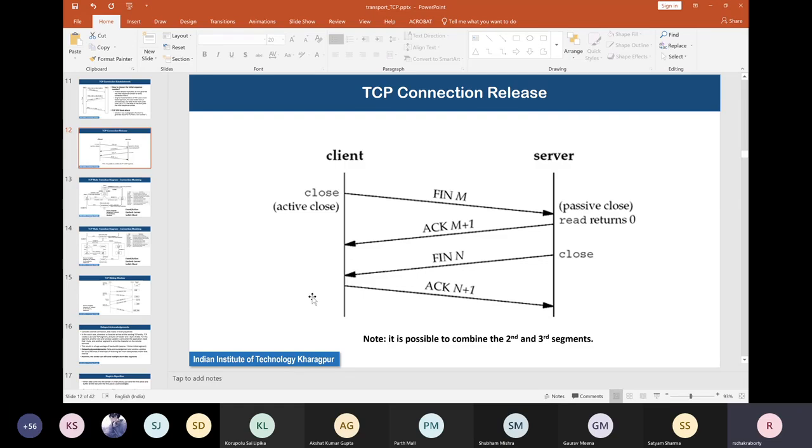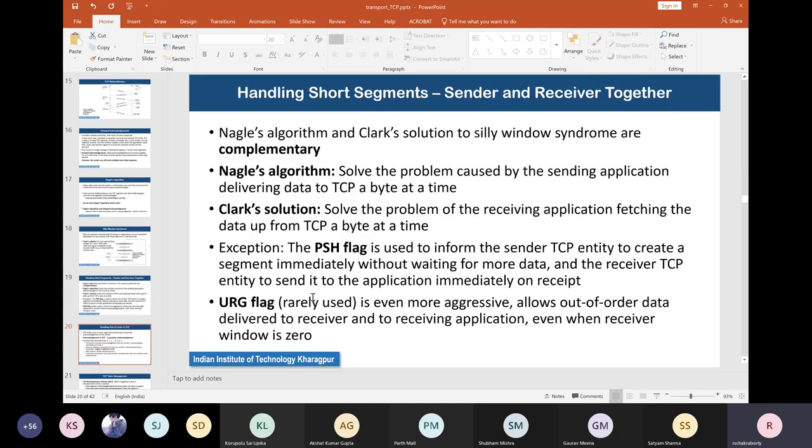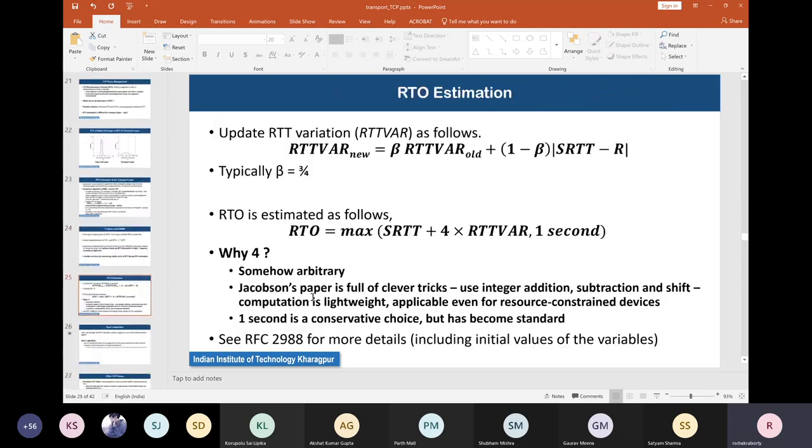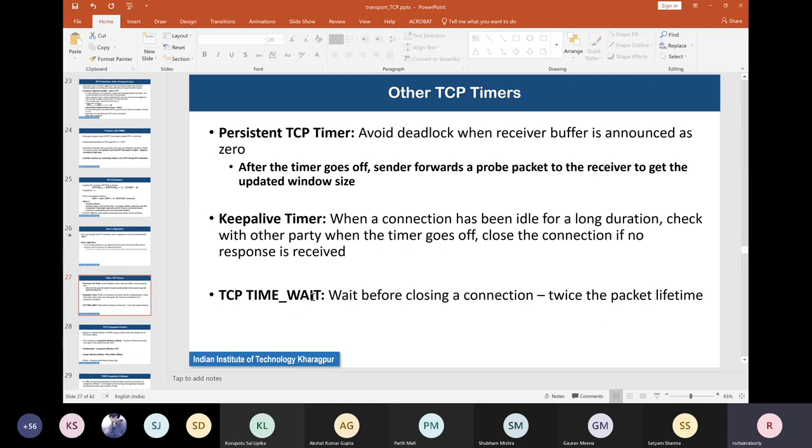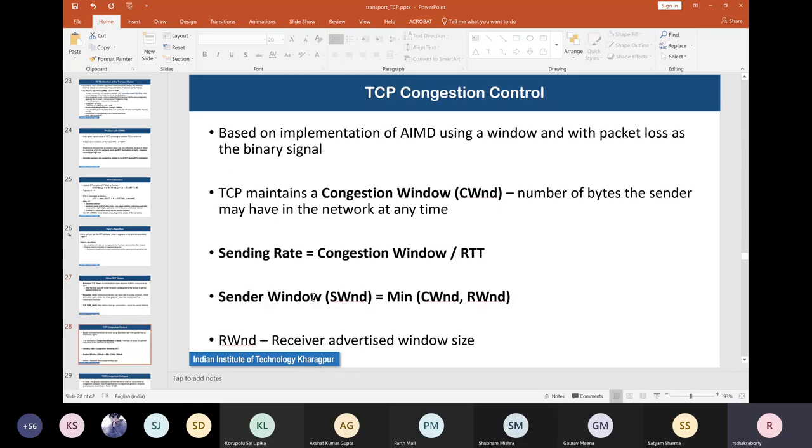You can then unilaterally disconnect. That wait is often a constant multiple of the packet lifetime, so that you can wait and then close the connection. So other TCP timers are always kept.